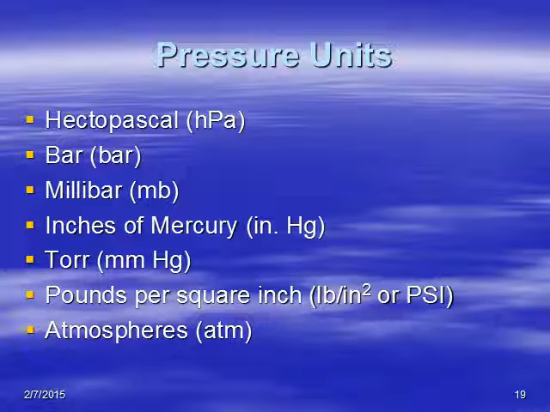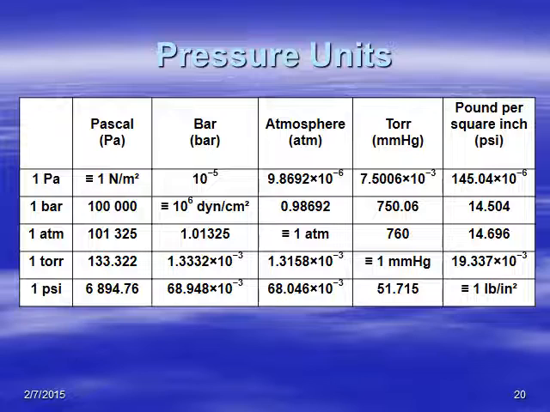Other units of pressure that are common, inches of mercury are used all the time in aviation when we're talking about altimeter setting. In other applications in engineering, they use pounds per square inch. In chemistry, they use atmospheres quite a bit. And here are the conversions between each type of pressure unit.